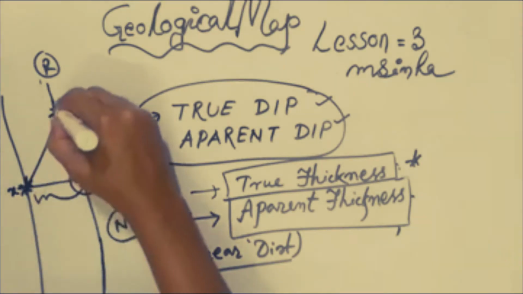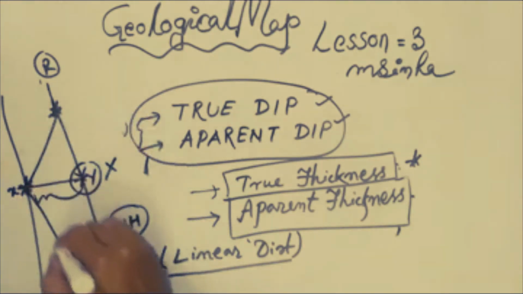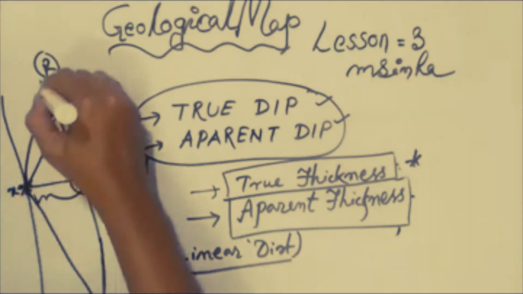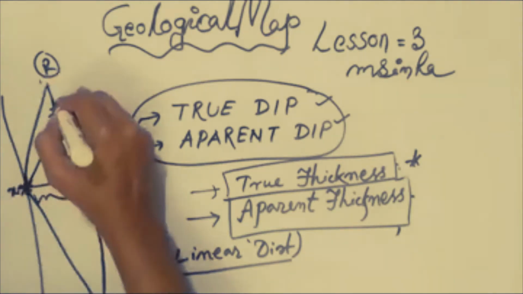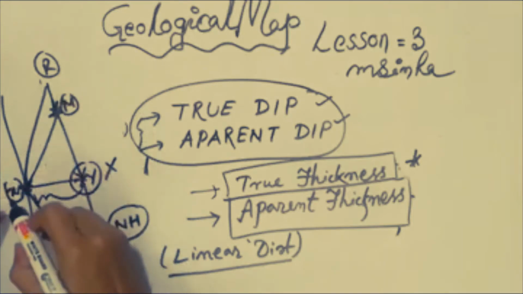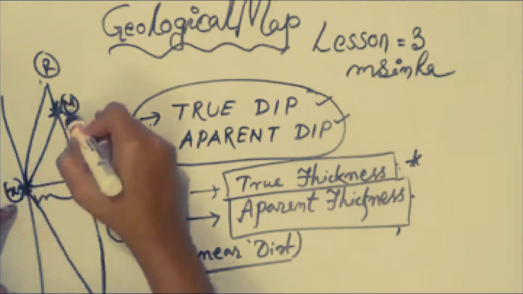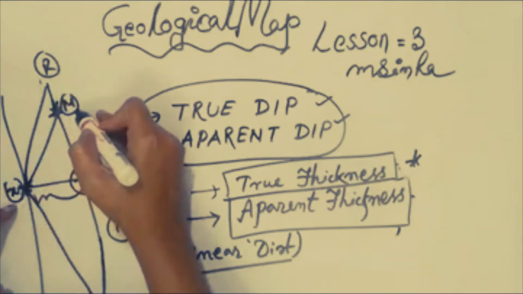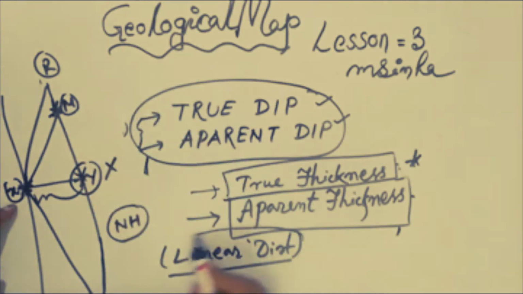Suppose you put your tape here, say at M. Here you can take the distance X to M. You can take the distance with the help of measuring tape, and you can get a linear distance.